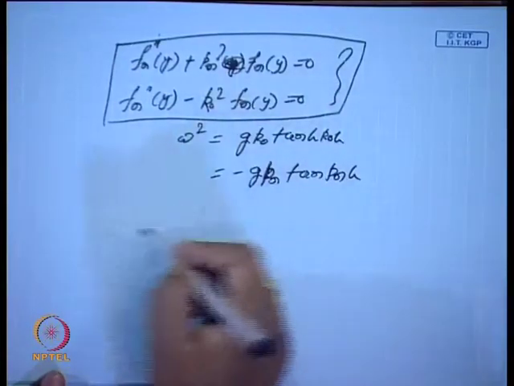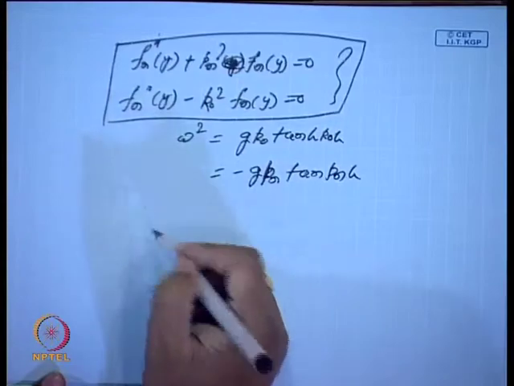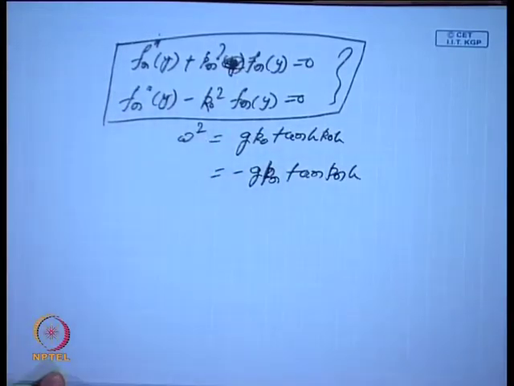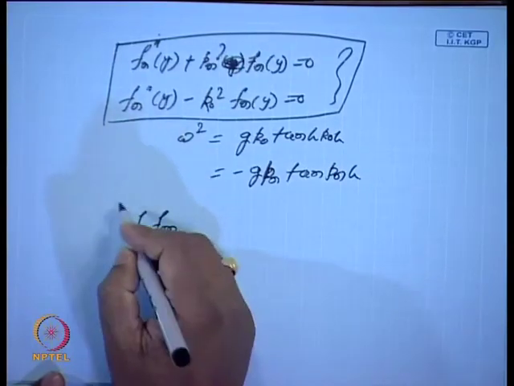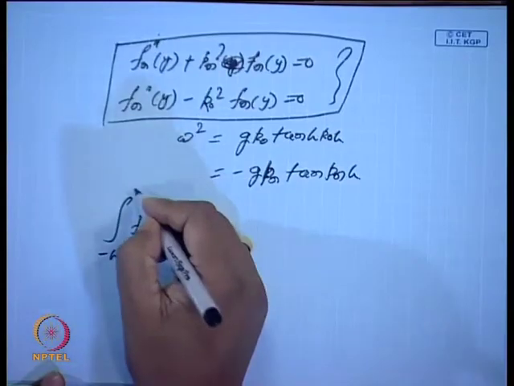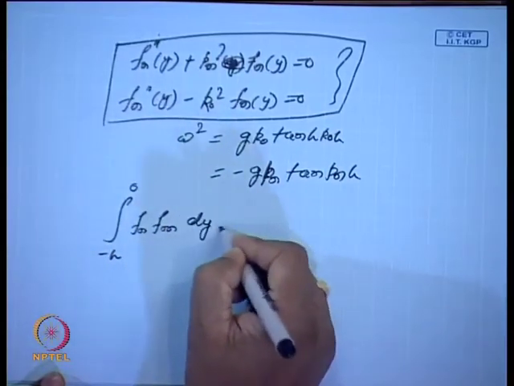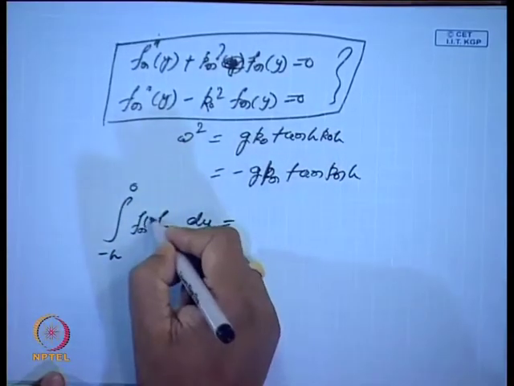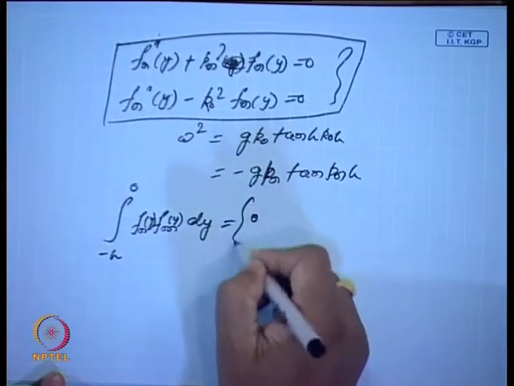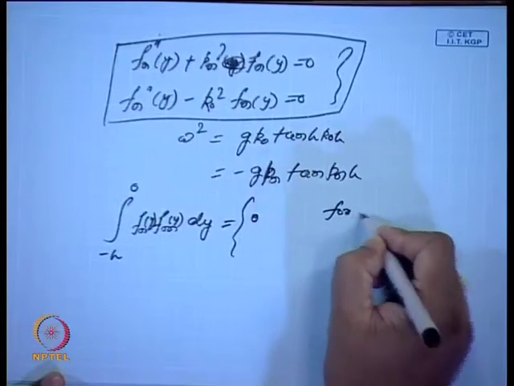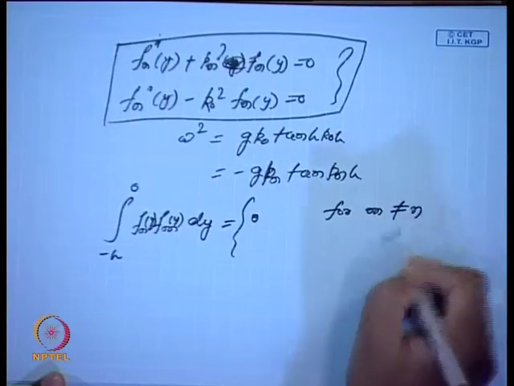So, what is the orthogonality criterion? They are supposed to satisfy certain orthogonality criteria, and in this case we can see that the integral from minus h to 0 of f n y f m y dy, the beauty is that this is 0 for m not equal to n.